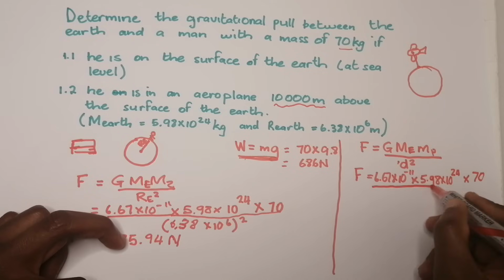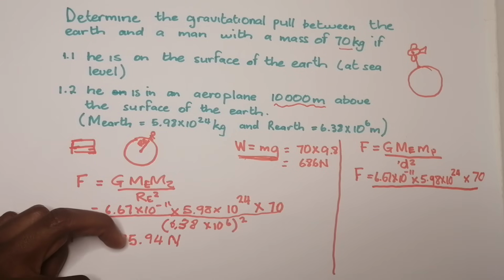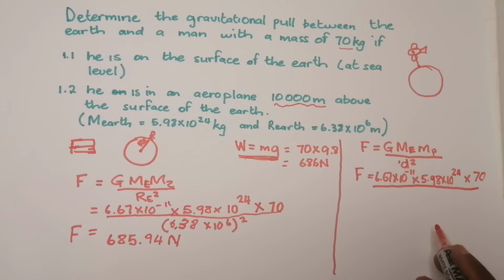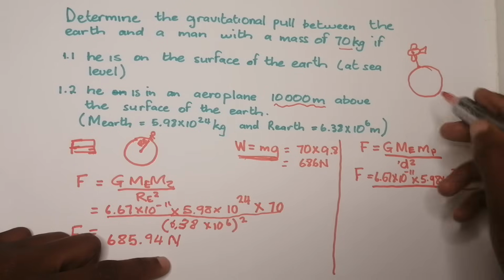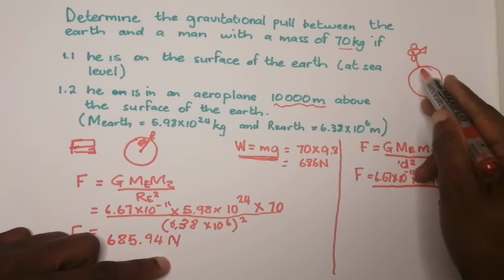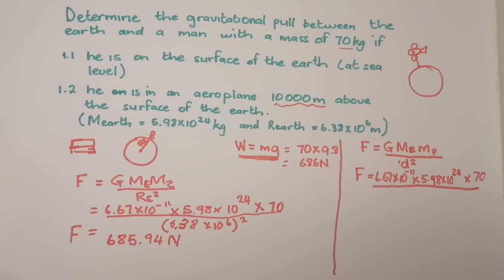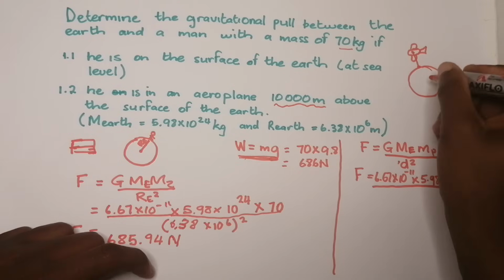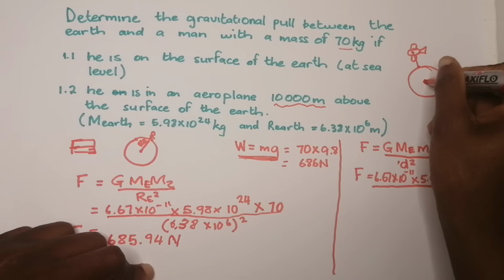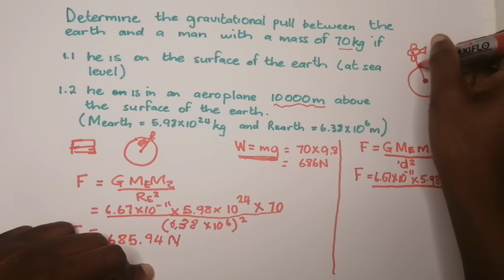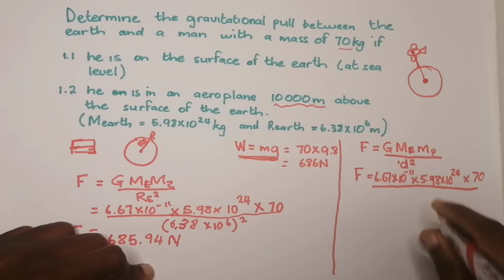Now, the part I wanted to get to is the part where we are dealing with the distance. I know many people would fall into the trap of saying, oh no, but I know the distance is 10,000 meters. Be very careful about that, because when we are calculating the force, we always take the distance between the two objects from their center to the other center of mass.